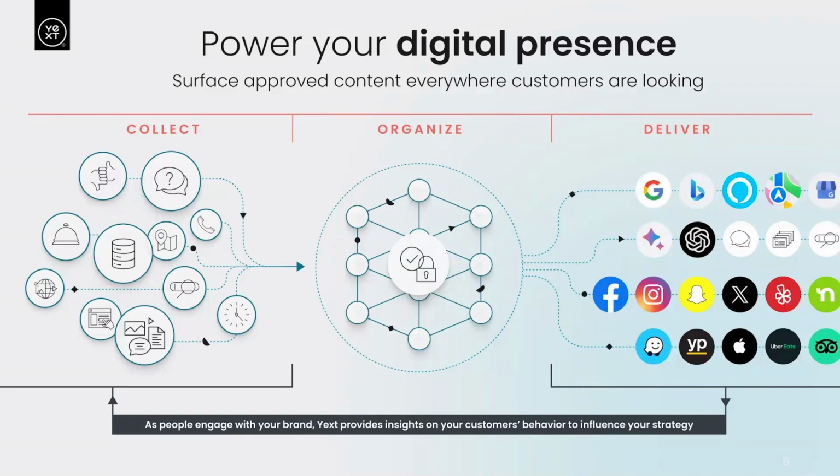The next one is organize. You'll organize all of that consumer-facing information, available and distributed across lots of digital channels, into the knowledge graph. This will aggregate and structure the data so that it's ready for search engines and AI to look for it, surface it, and display it.